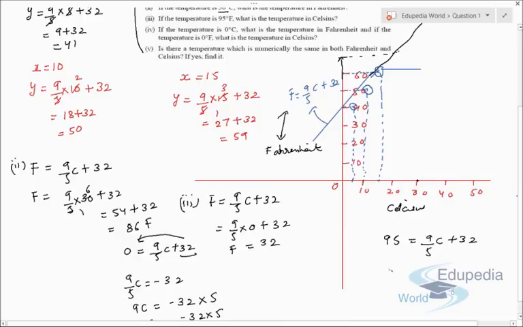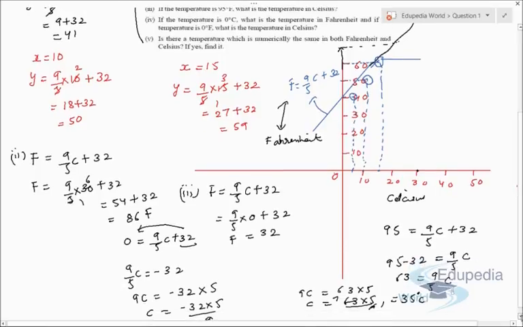So 95 minus 32 equals 9/5 C. 95 minus 32 is 63, so 63 = 9/5 C. We can cross multiply, so 9C = 63 into 5, so C = 63 into 5 upon 9. 9 sevens are 63, so the answer is 7 into 5, which is 35 degrees Celsius.